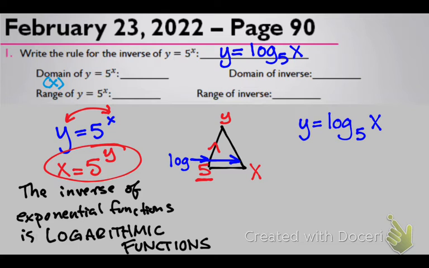What can I put in for x? Can I put positive numbers in for x? Yeah. Can I put negative numbers in for x? Can I have negative exponents? Yeah, I can have negative exponents. I would just flip them to make them positive. So I can put negative numbers in for x.